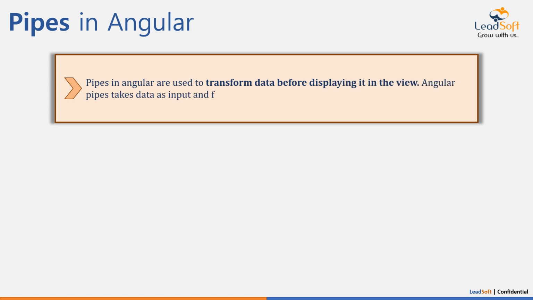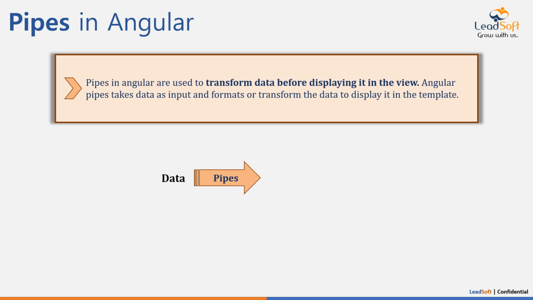Angular pipes take the data as an input and format or transform it to display it in our HTML template. In short, if we have some data stored in our TS file or coming from the database, and I want to convert that data into a specific format, then using pipes we can make that happen.